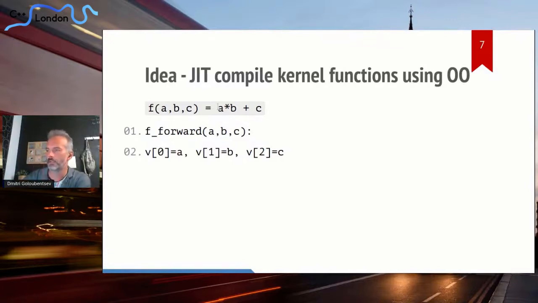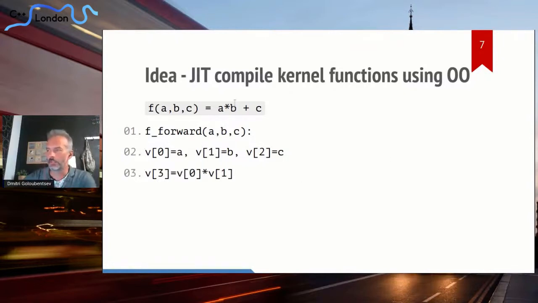It takes variables a, b, and c as the original function, and then immediately allocates them to some placement in memory. Here we have a vector v, and this vector v is going to maintain the values of all variables: all inputs, outputs, and intermediate results. Similarly to what a normal compiler would do, we allocate positions for each of the a, b, and c variables inside this memory space.